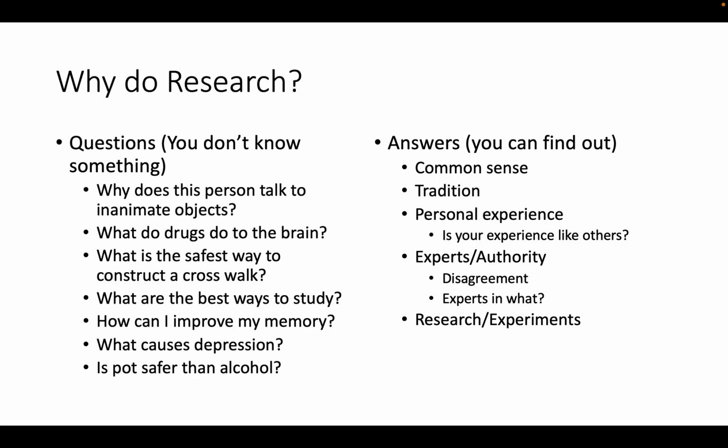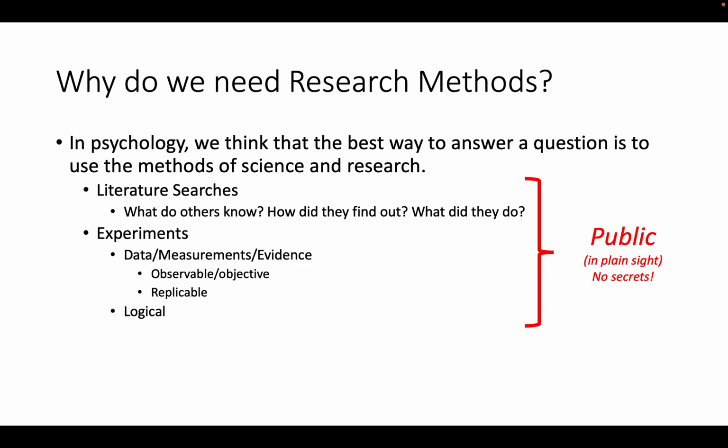So in psychology, what I believe and what I hold to is that the best way to answer a question in psychology is to conduct research. We do this in two basic ways, and this is the reason we have research methods courses. The first is, if we have a question and we want it answered, we can go to the literature. We can go to the library.